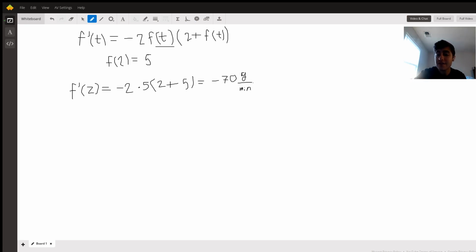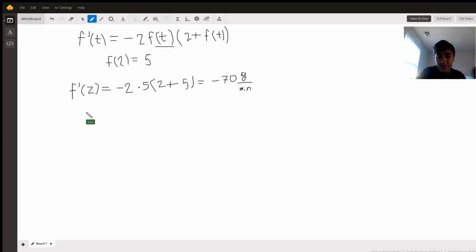So since it's -70 grams per minute, we can estimate that at this time, it's going to be decreasing at about -70 over 60 grams per second, right? Maybe I misspoke before. Since it's -70 grams per minute, if I said second before, I meant to say minute, then we can estimate that the amount of stuff that dissolves every second is -70 divided by 60 grams per second, because there are 60 seconds in a minute, so we would simply divide our number by 60.